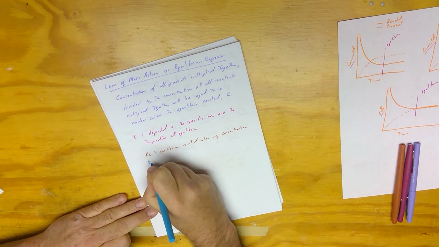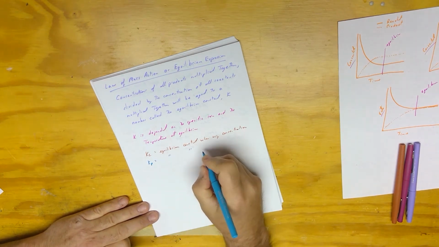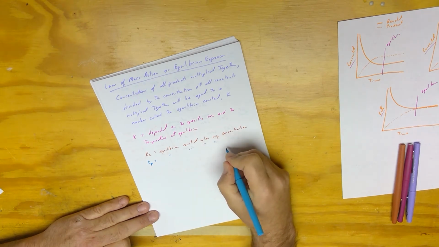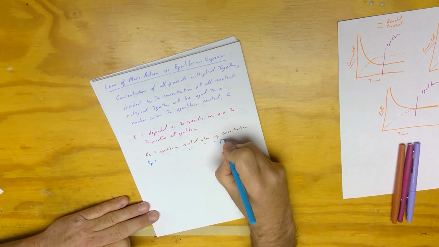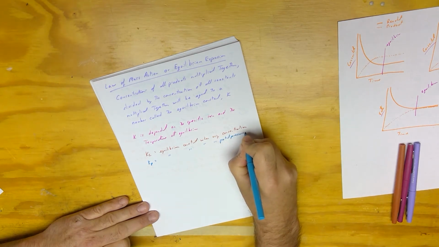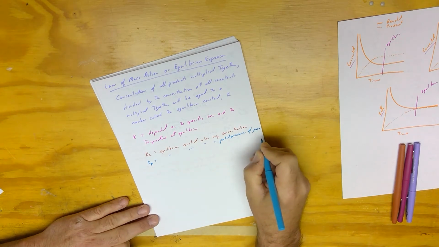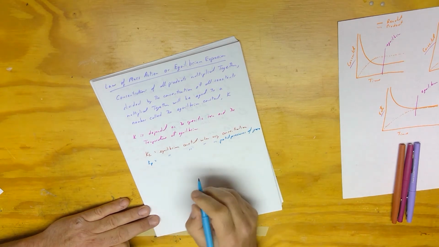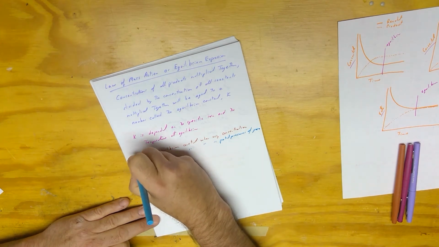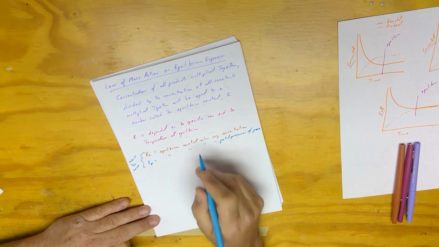K sub P is the equilibrium constant when using partial pressures of gases. But in reality, they work the same. And you'll see what I mean as we work through here.